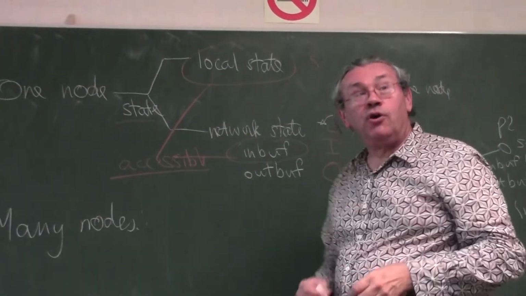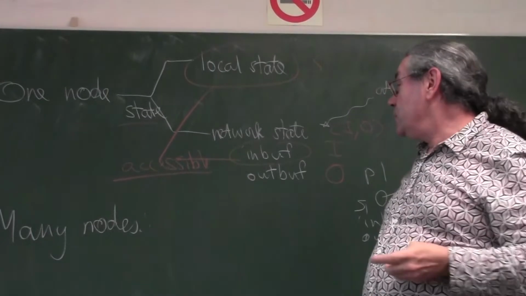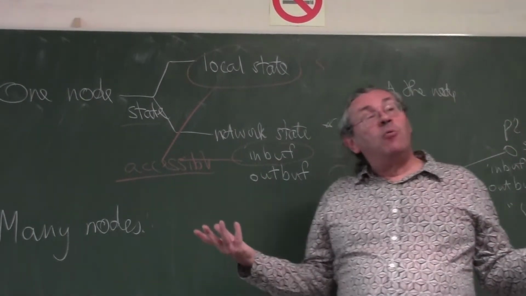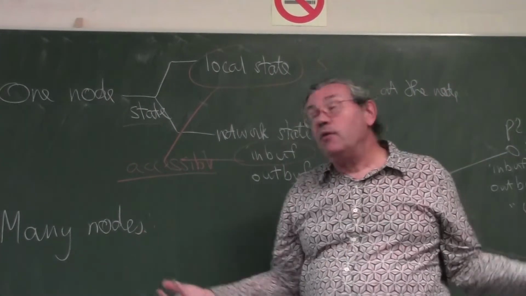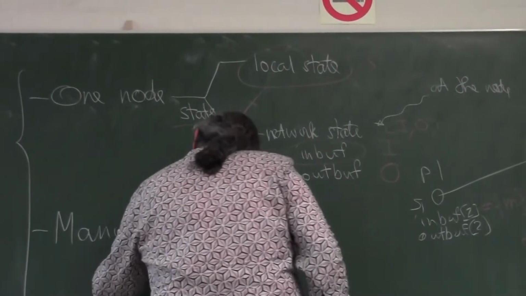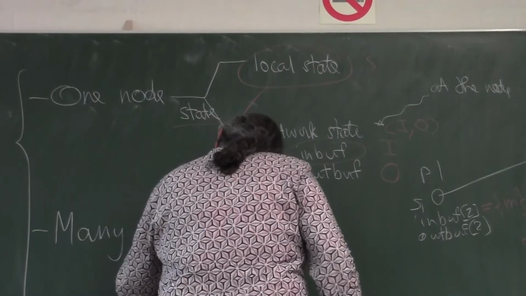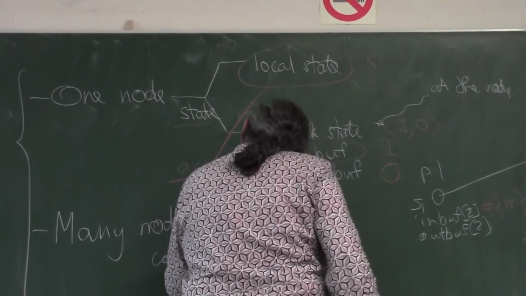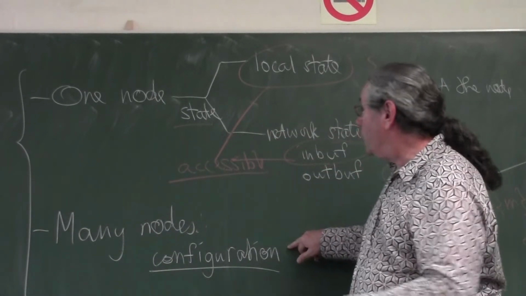But I'm not going to talk about the state of a distributed system because that's confusing. If I say state, what am I talking about? One node or many nodes? So in the distributed system community, people use a different word for the state of the whole system. Okay? But it is just the state of the whole system.